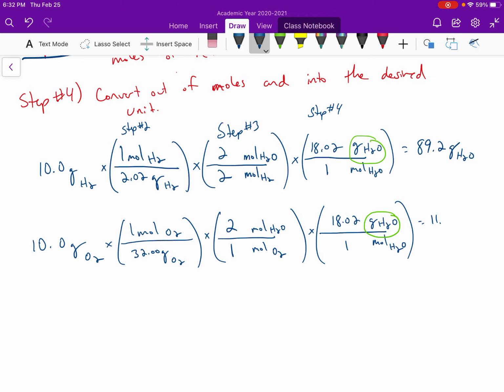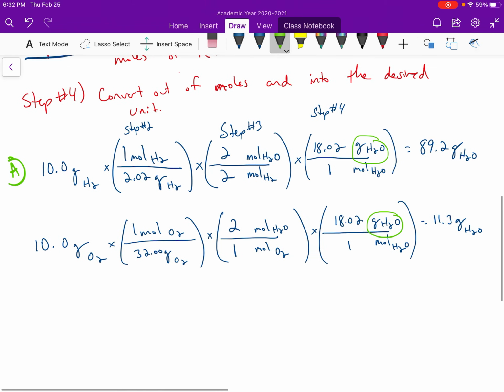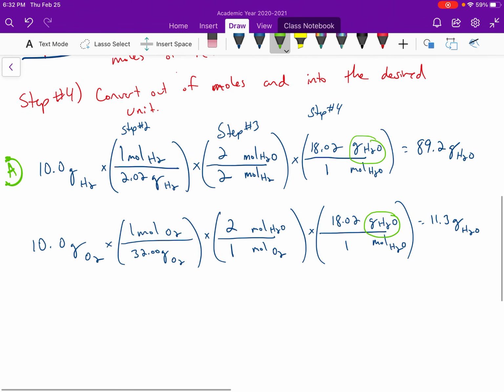This one gives me 11.3 grams of water. Very different numbers. Okay? So we'll call this scenario A. Okay, scenario A, I'm going to get an answer of 89.2. But in scenario B, I'm getting an answer of 11.3. So which is the answer?